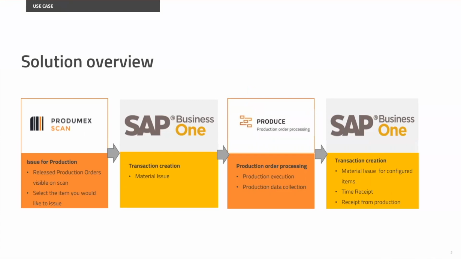So with the apps and with the scanning solution, for example, you have everything in SAP Business One. You can issue your material with a scanner, because a lot of people want to scan. And scanning is good because that gives you real-time data.